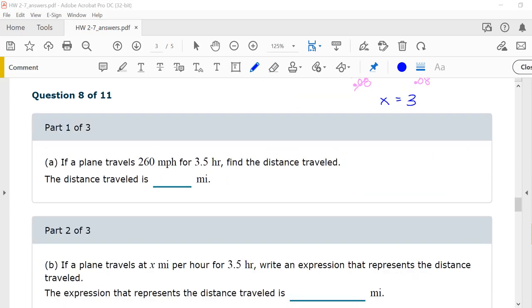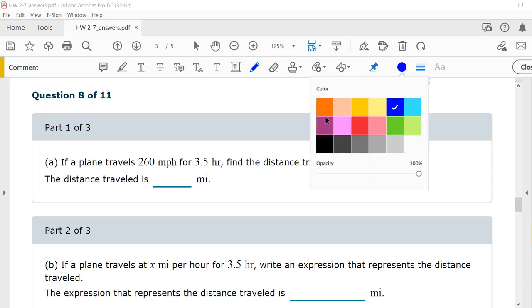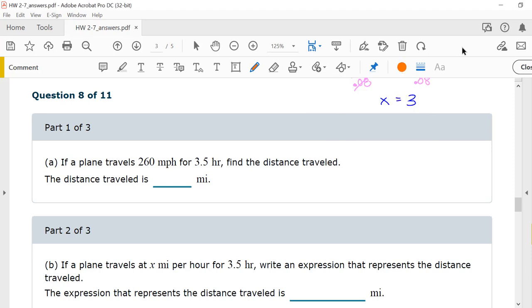Question number 8, part 1. If a plane travels 260 miles per hour for 3.5 hours, find the distance traveled. Okay, for distance problems, I know that distance equals rate times time.